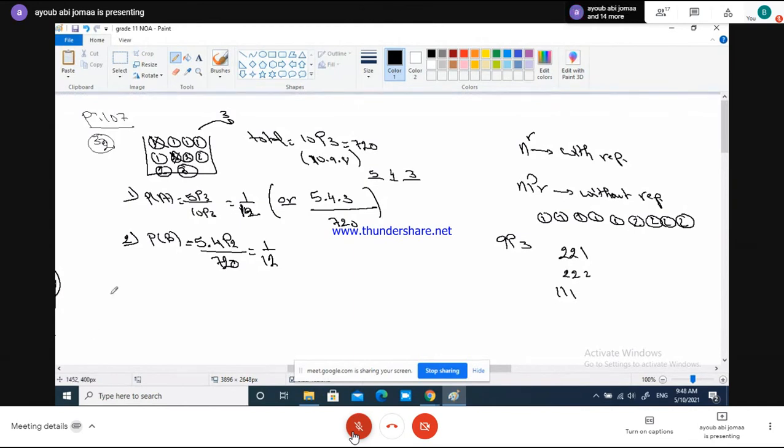Okay, part C, event C: obtain a number which has at least one of its digits equal to 1. Event C, at least one of its digits is 1.